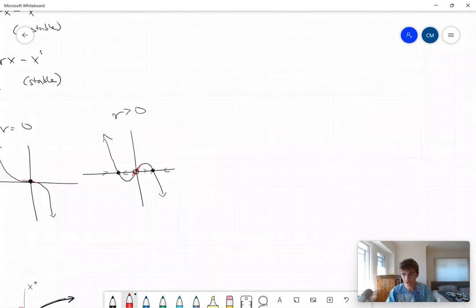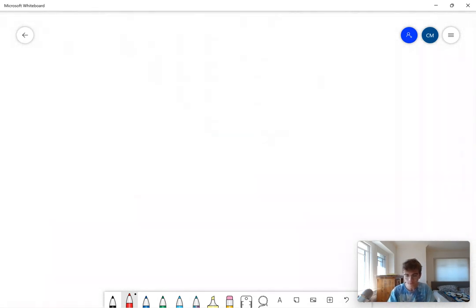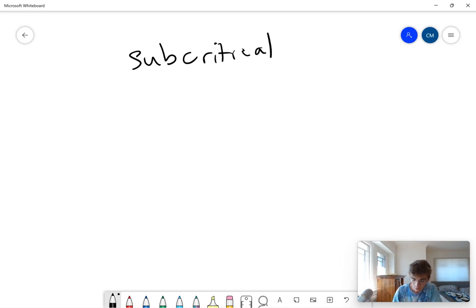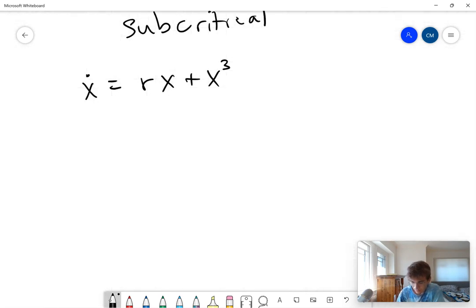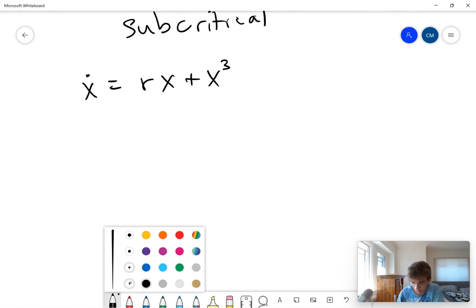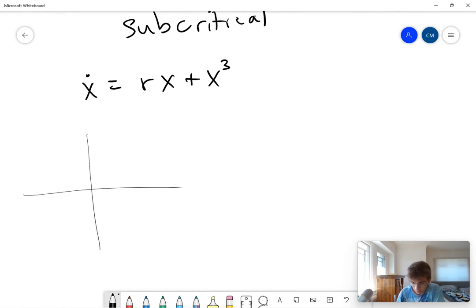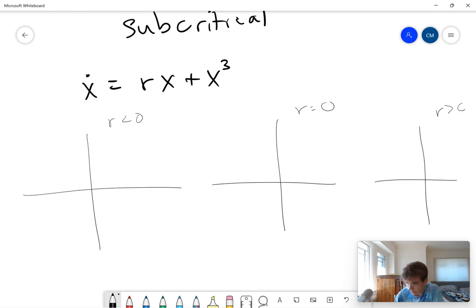All right, so subcritical. So I'm going to have x dot is equal to rx plus x cubed. And now if I plot these things here, so let's plot for r less than 0, r equals 0, and r greater than 0.